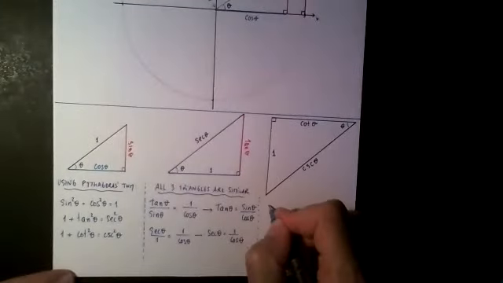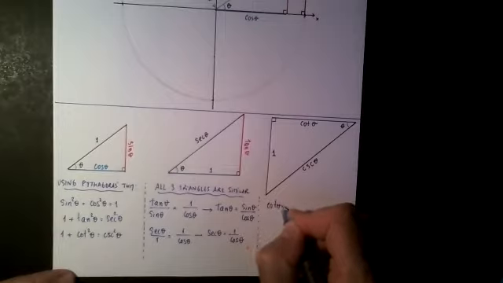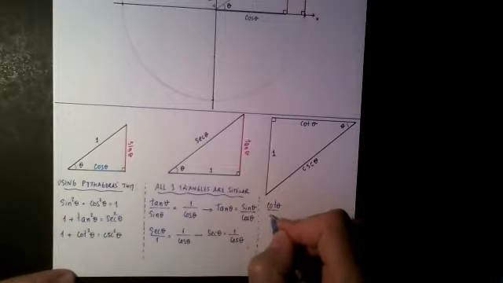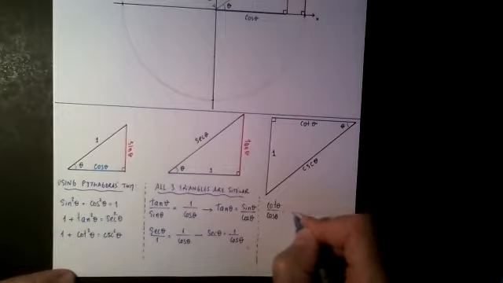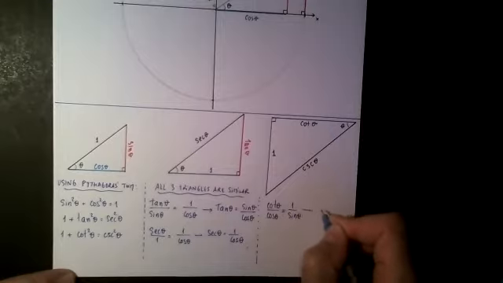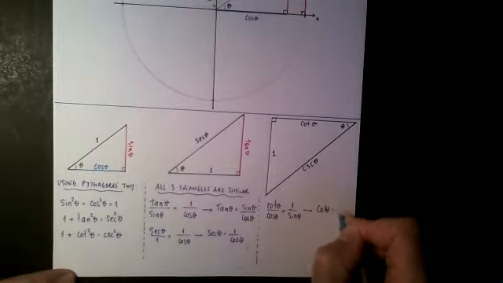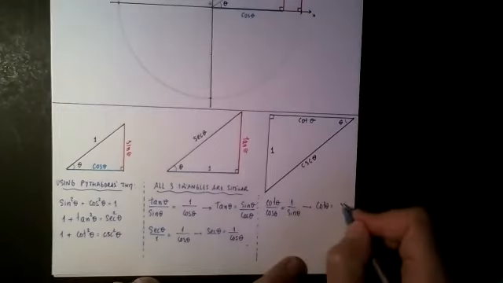So cotangent theta over cos theta is the same thing as 1 over sine theta, which means that the cotangent of theta is cos theta over sine theta.